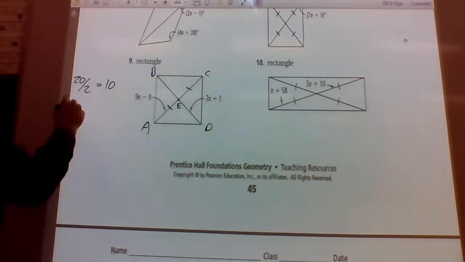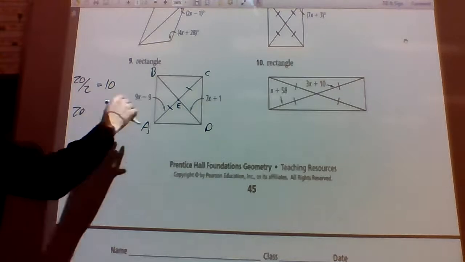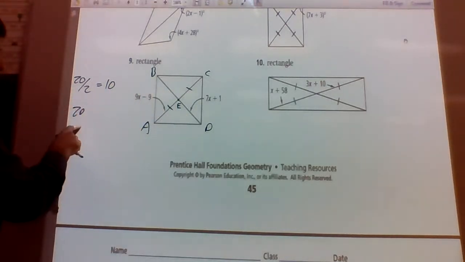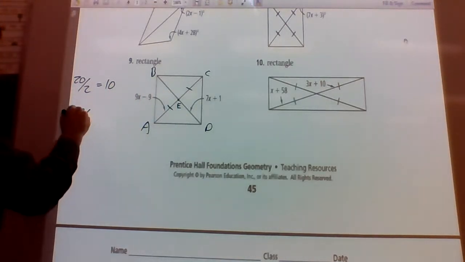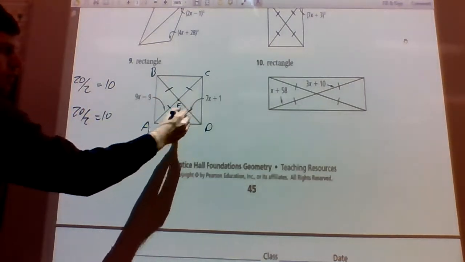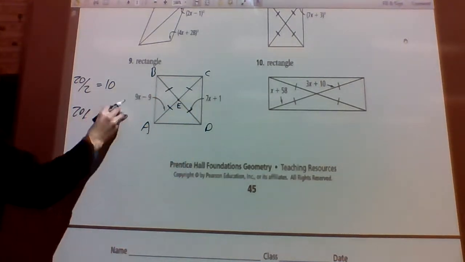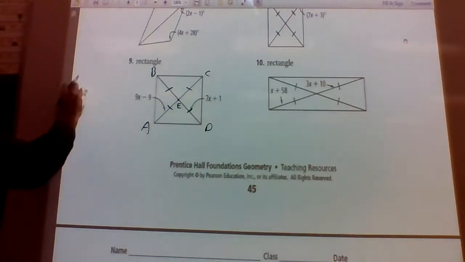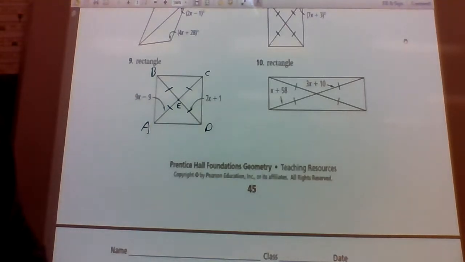If BD is 20 and we split, right, because AC is congruent to BD, so when we split that in half, we're going to get 10 and 10. So we know all four of these segments here in the middle are going to be congruent in a rectangle, because in a rectangle, diagonals are congruent.